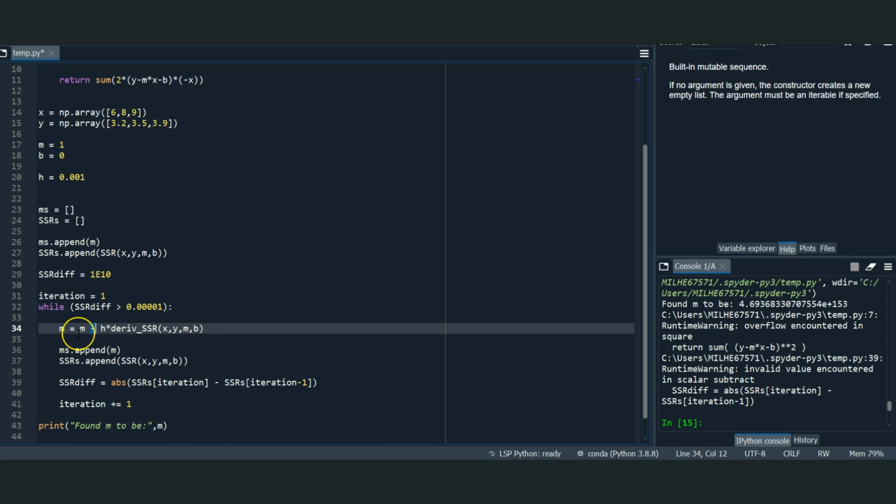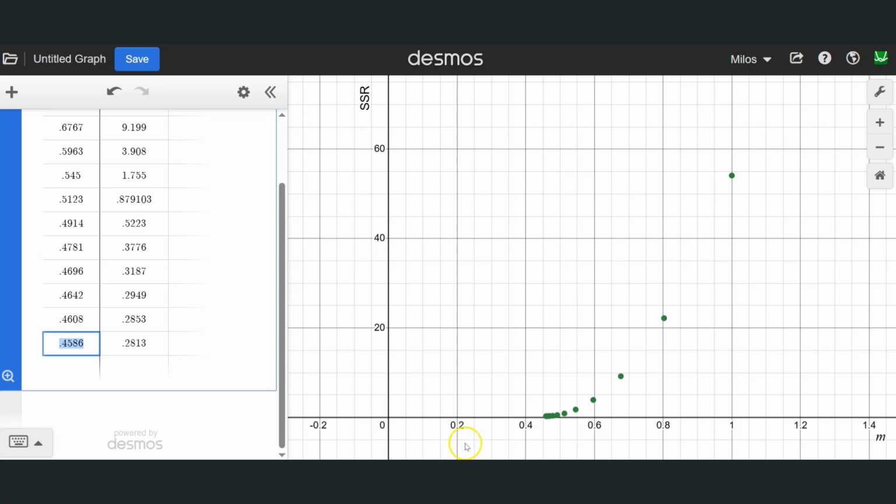If the value of the derivative is negative, well, then we want to increase the value of m, because, you know, from here to here, at this point we had a positive slope of around 197, so we wanted to move back in the other direction, so that we're decreasing the sum of squared residuals.